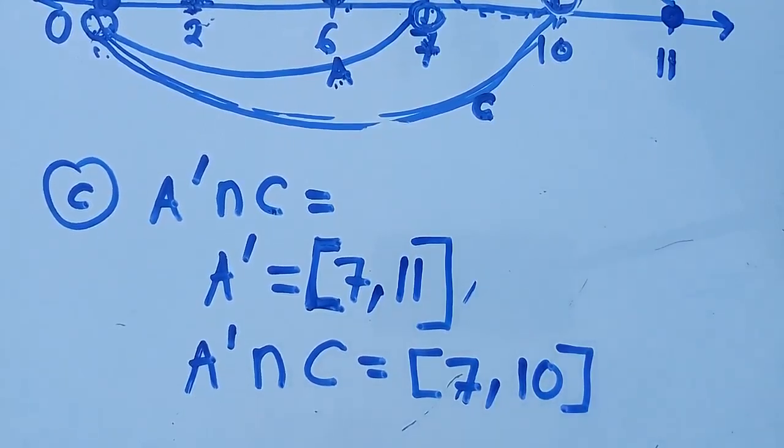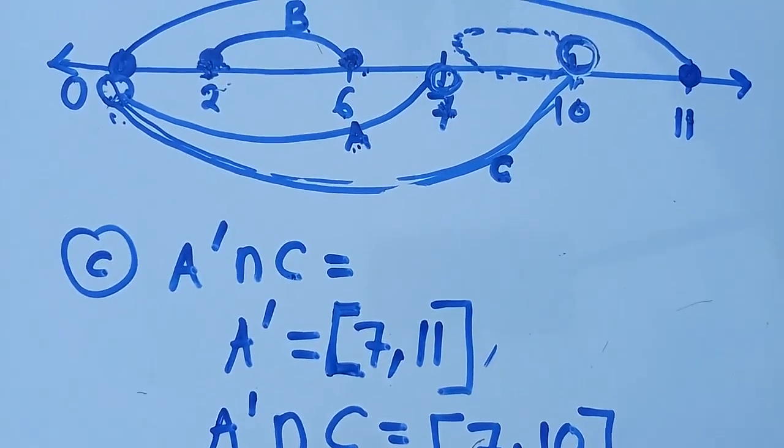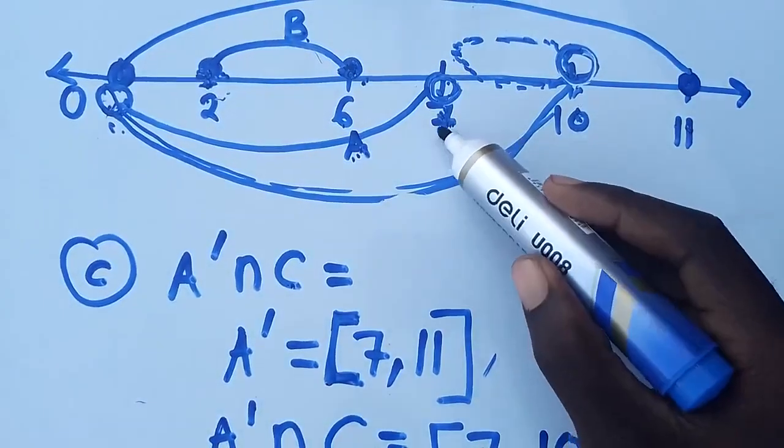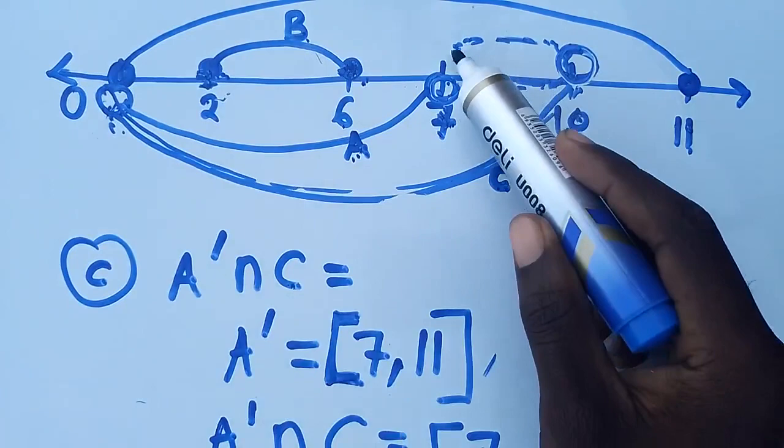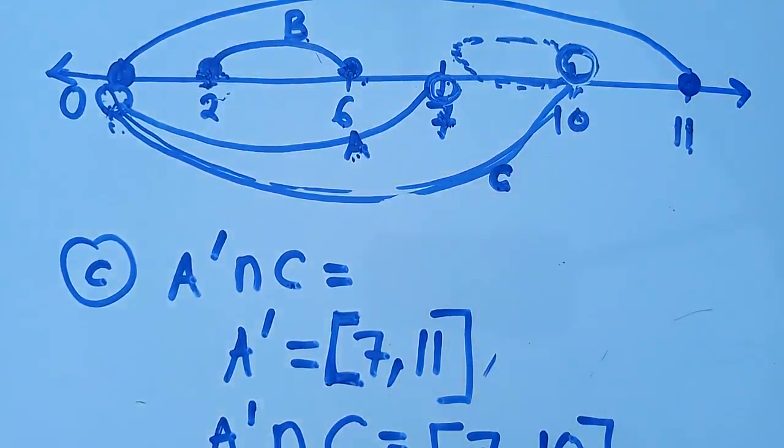This is how you need to answer that one, as simple as that. This is where I've got a common region. This one is starting from 7 to 11, another one is 0 to 10. This is where these are common.